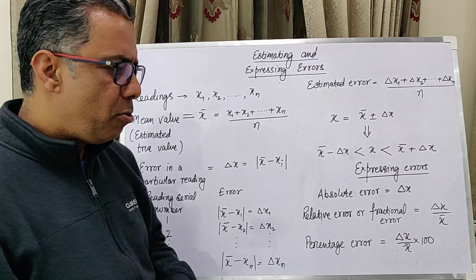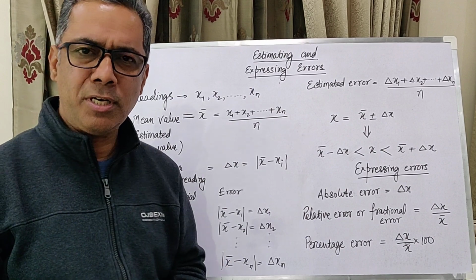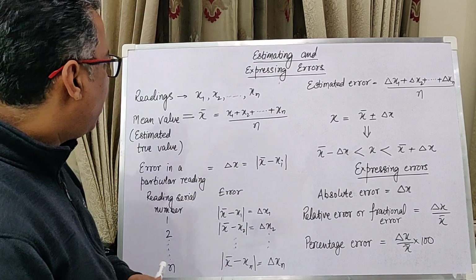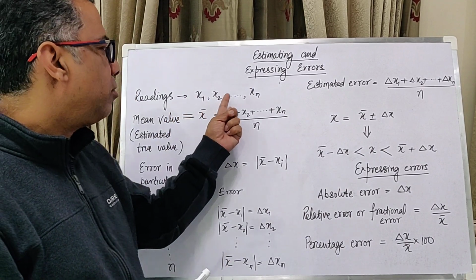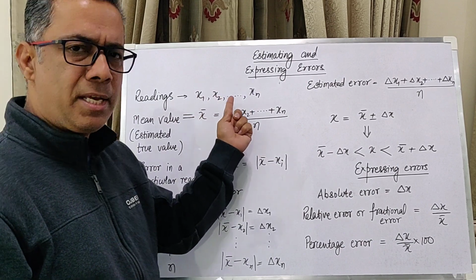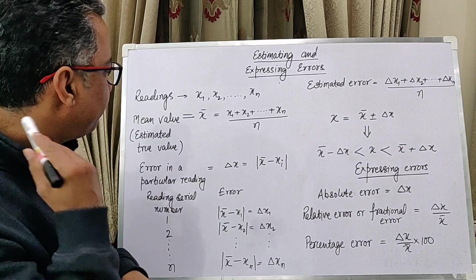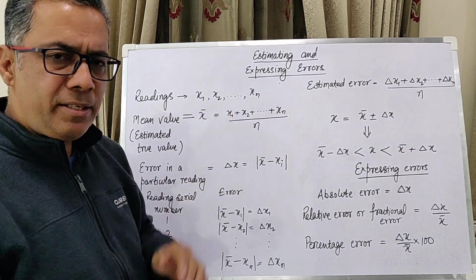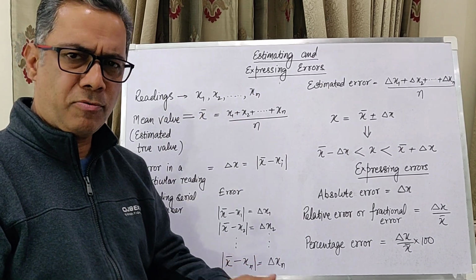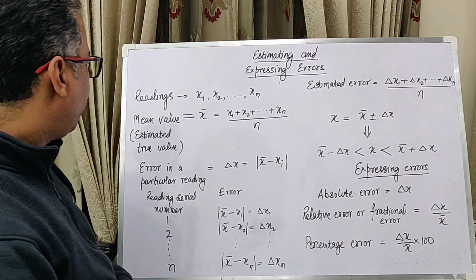Suppose you're measuring some physical quantity, say x. You take lots of readings, x1, x2, x3, and so on, all the way up to xn. So we've taken n readings of a particular physical quantity which we are trying to measure.